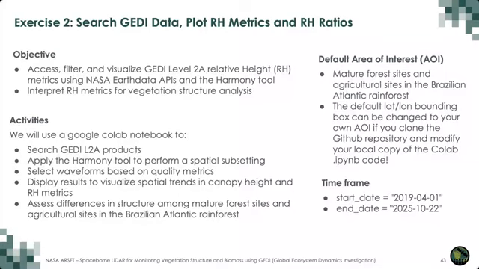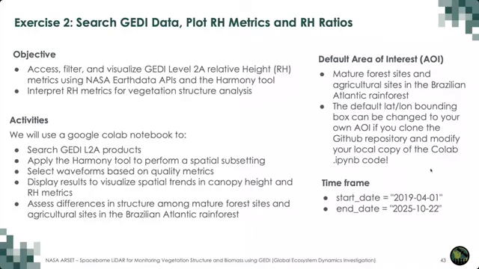Thank you, Savannah. So we are going to do an exercise processing GEDI Level 2A datasets using the NASA Harmony tool. And our goal is to display relative height metrics for vegetation structure analysis.